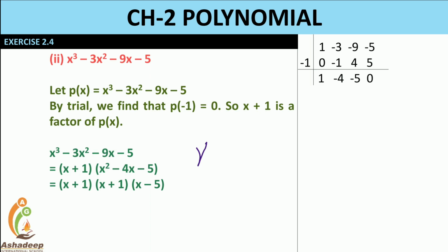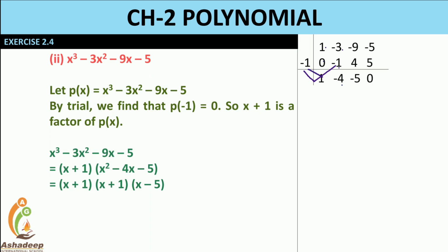Now if x is equal to minus 1, here we have to put the minus 1, and these are the coefficients of this x cube, x square, x and the constant term. Now here we have to put the 0. 1 plus 0, 1, minus 1 into 1, minus 1, minus 3 minus 1, minus 4.